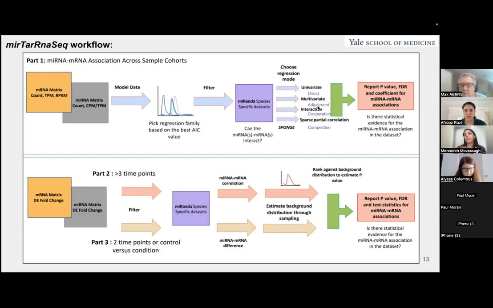For multivariate, you're trying to see if two microRNAs at the same time actually have an effect on each other in terms of predicting the mRNA target. For interaction, it is the cooperation of the microRNAs. And for sparse partial correlation, you assume that there is a competition basically for binding, which is very accurate for binding on the 3' UTR for the microRNAs. And you could do all of those.